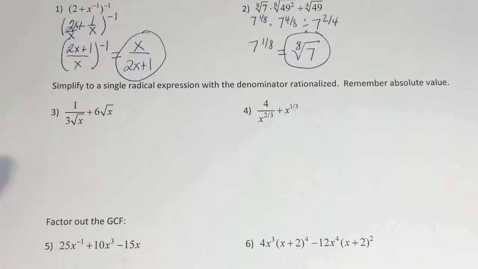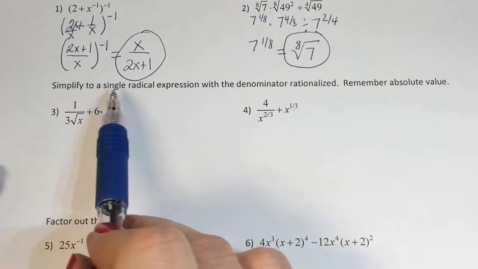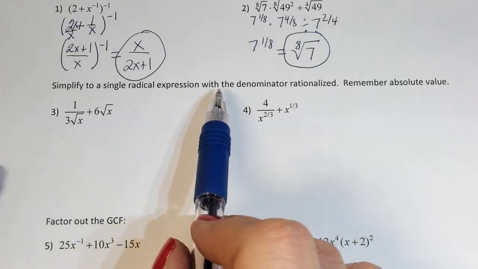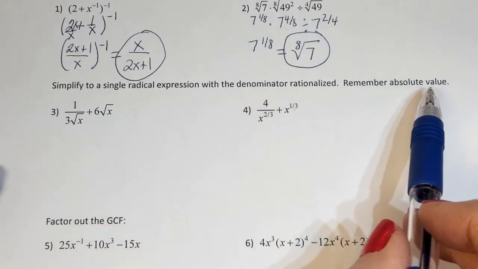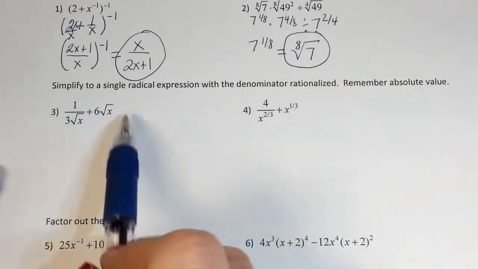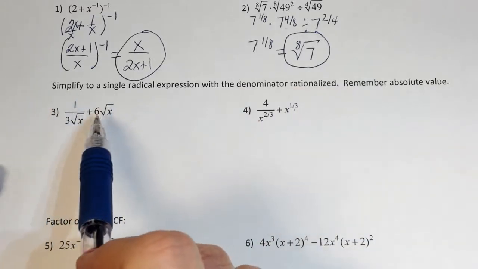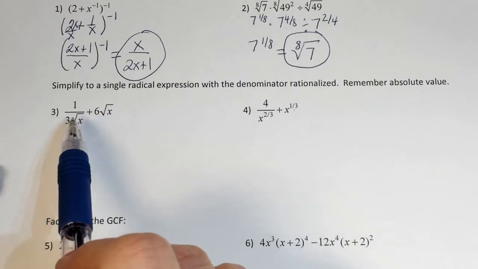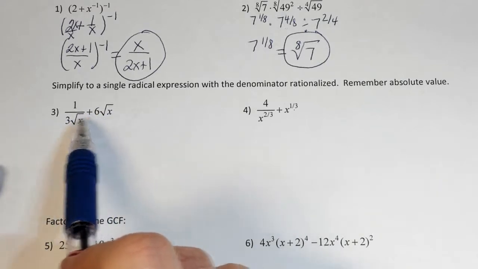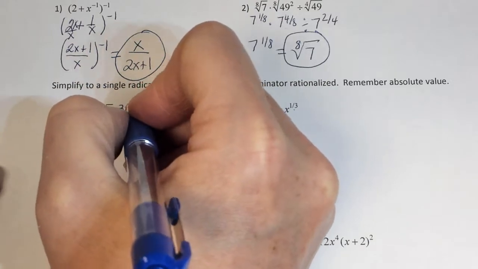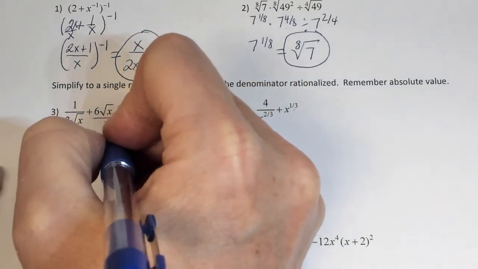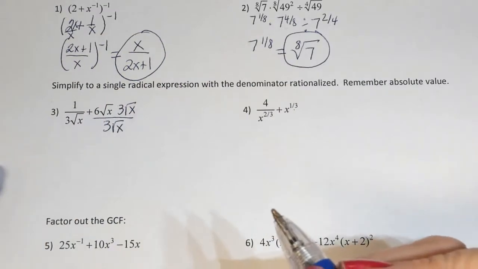So to write that as a single radical, it would be the 8th root of 7. On number 3, it says simplify to a single radical expression with the denominator rationalized. Remember absolute value. So I want to get this to a single expression. What do we have to do? We have to have a common denominator. So I'm going to multiply this by 3 radical x in the numerator and 3 radical x in the denominator.